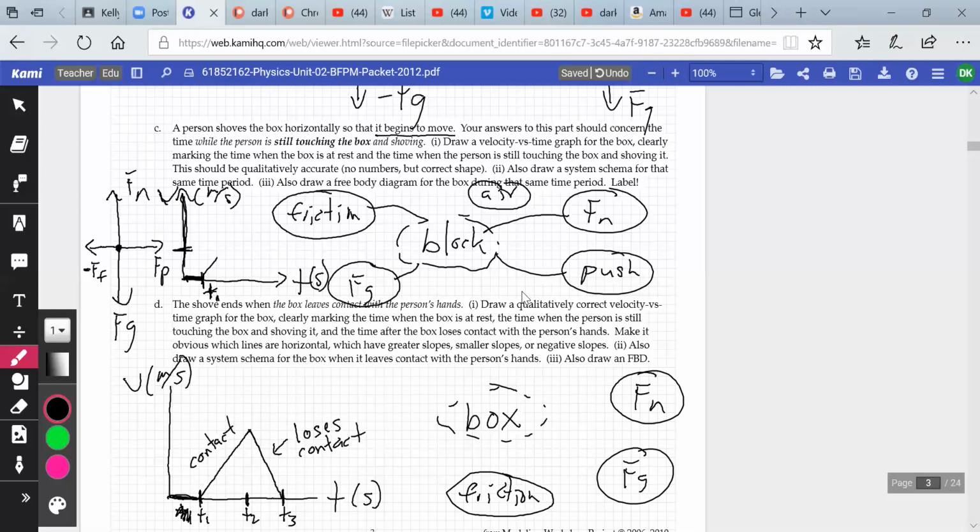So I'm just going to go ahead and draw arrows on those forces that are in direct contact or through a field with the box. So this is going to be important for when I lose contact. But obviously when I'm in contact, I have this situation up top.